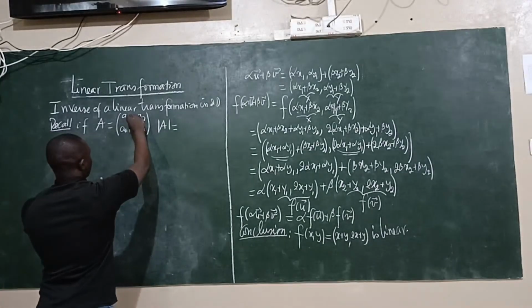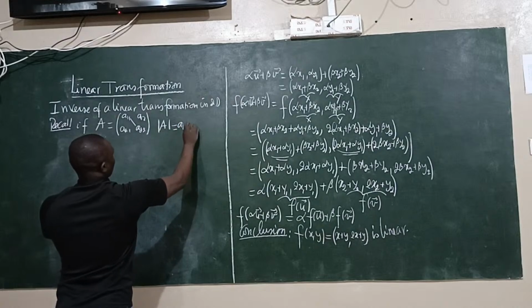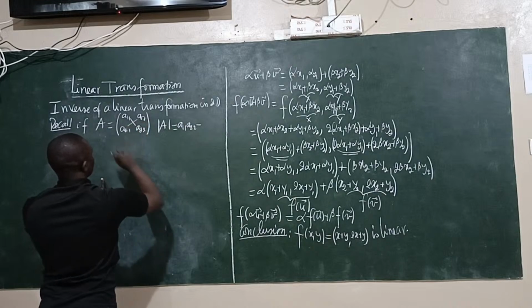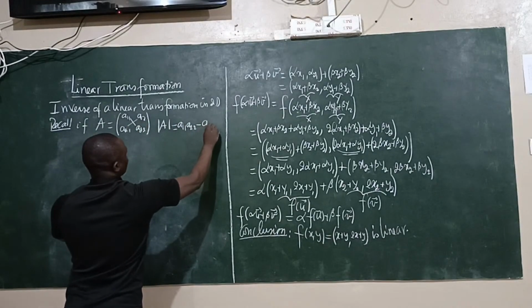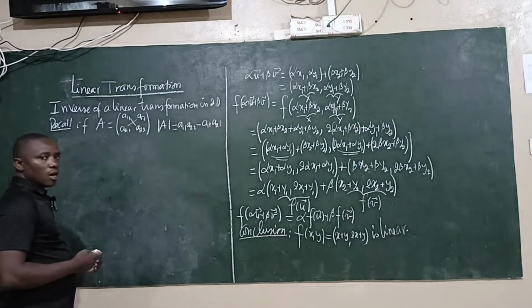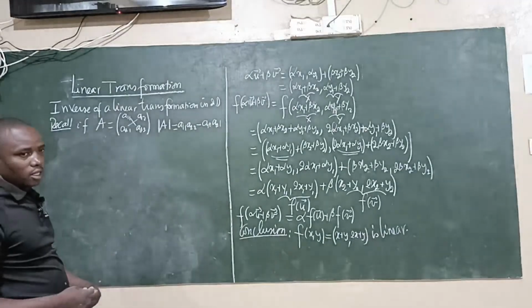Here we take the product of this. Here is A11, A22 minus the product of this. Here is A12 times A21. This is how we get a 2 by 2 matrix determinant.